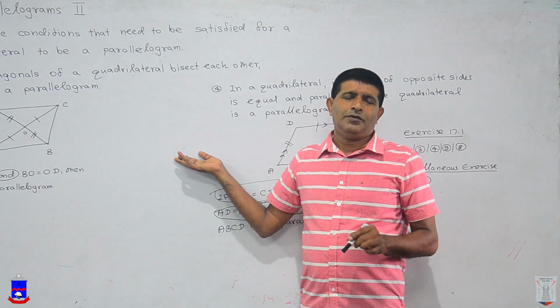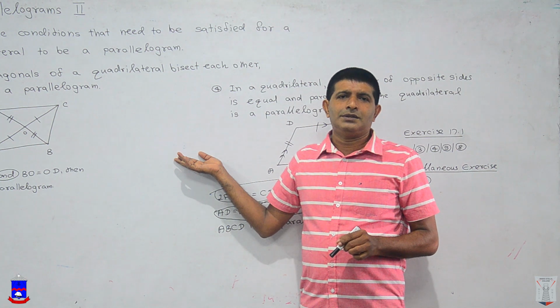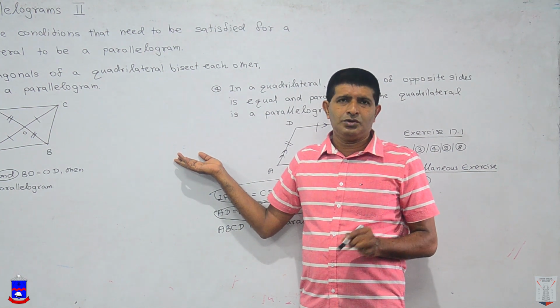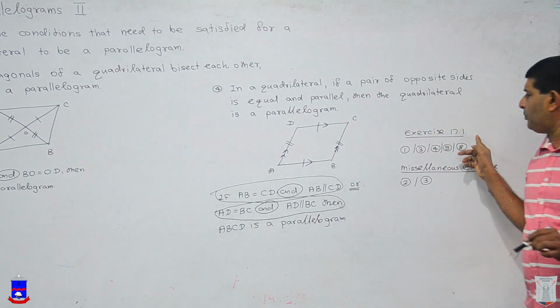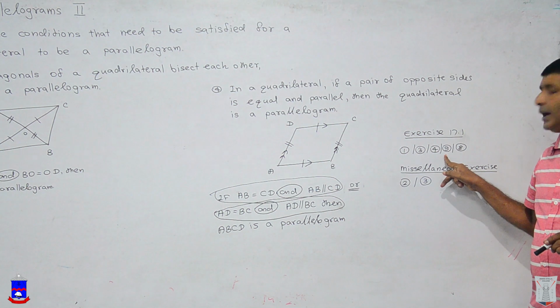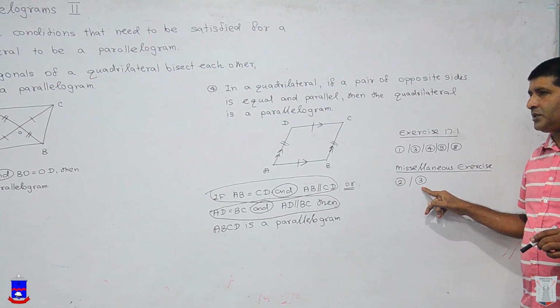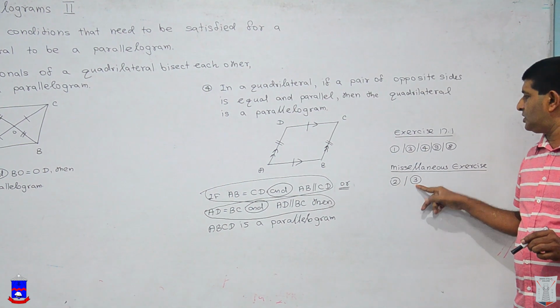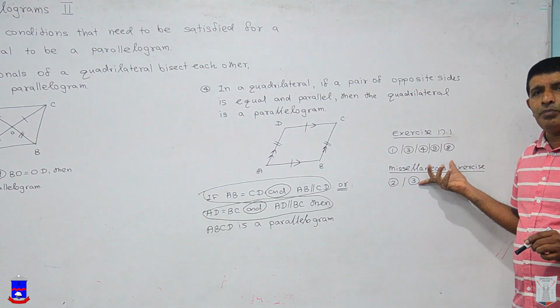You should read that part very carefully, and after that you should complete exercise 17.1, questions 1, 3, 4, 5, and 8, and the second and third questions of the miscellaneous exercise.